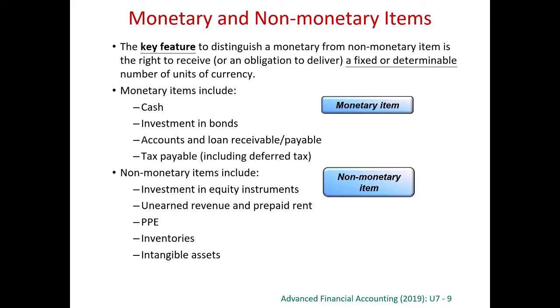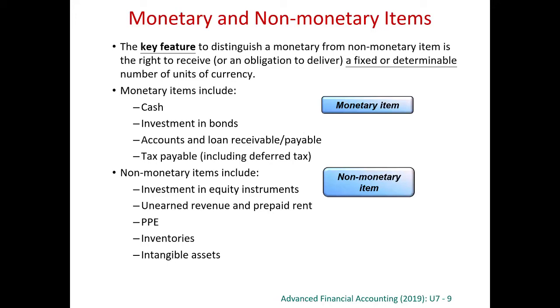If this is an obligation to deliver, this is a monetary liability. Typical monetary items include cash and investment in bonds. If you hold the bonds until maturity, you can calculate how much you are going to receive. Accounts receivable, accounts payable, loans receivable, loans payable: you can calculate how much you are going to receive. Tax payable, also you can calculate how much you are going to pay. So all these are monetary items.